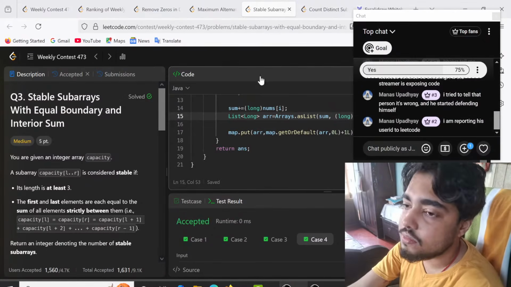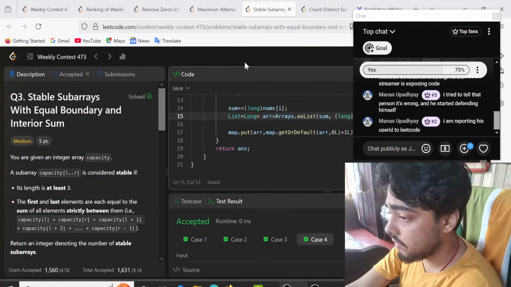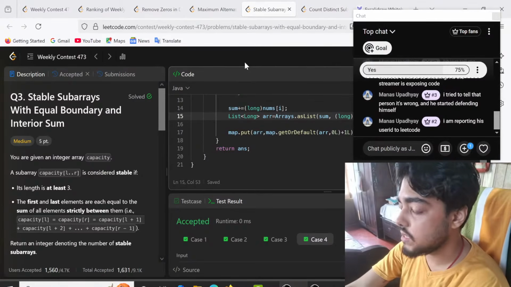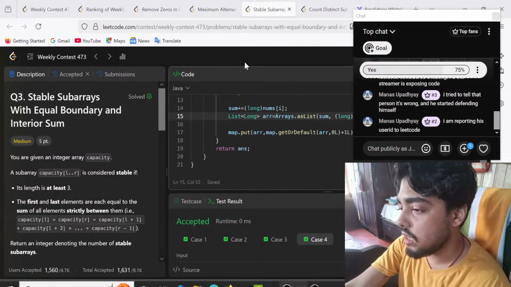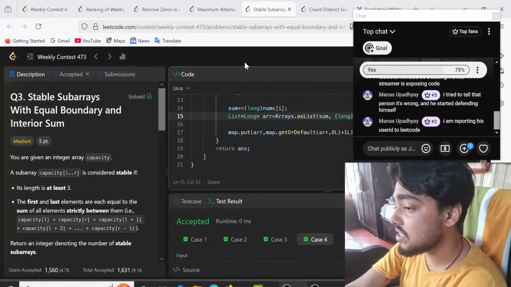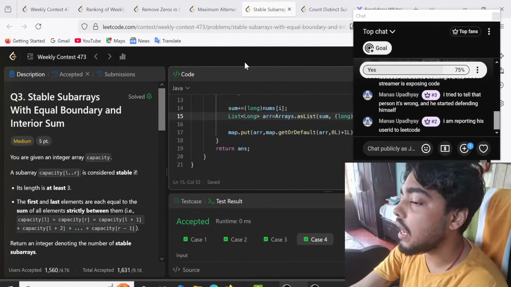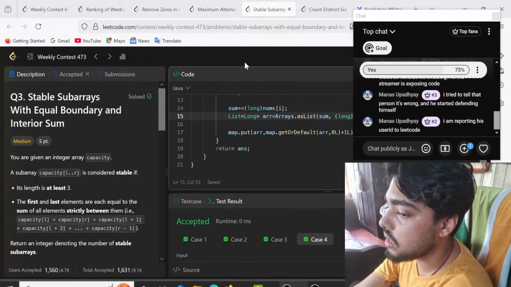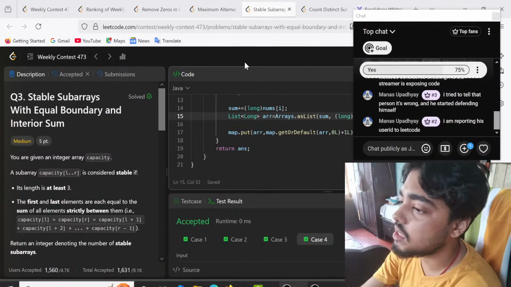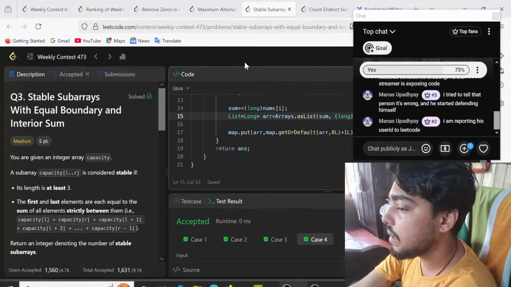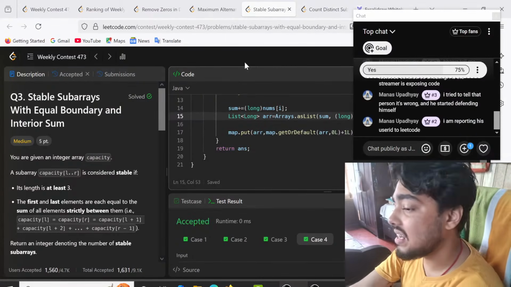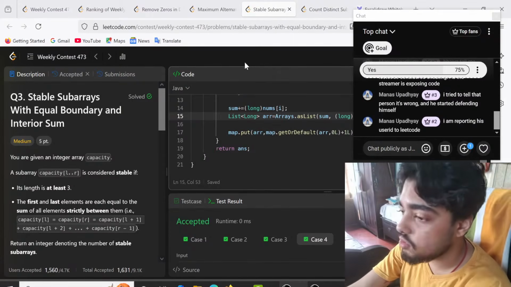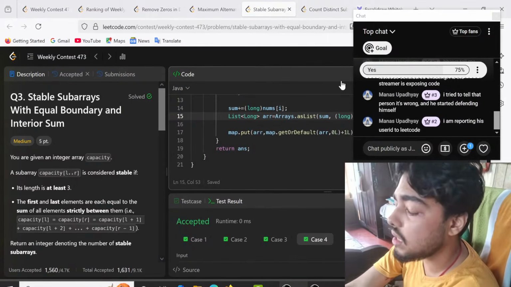You can do that. If he is revealing any code snippet to you during the contest which is not a generic code snippet, like if someone is revealing that this is a BFS code snippet, then you can't report him. But if he is revealing something which is directly concerning the solution of the question, then yeah.